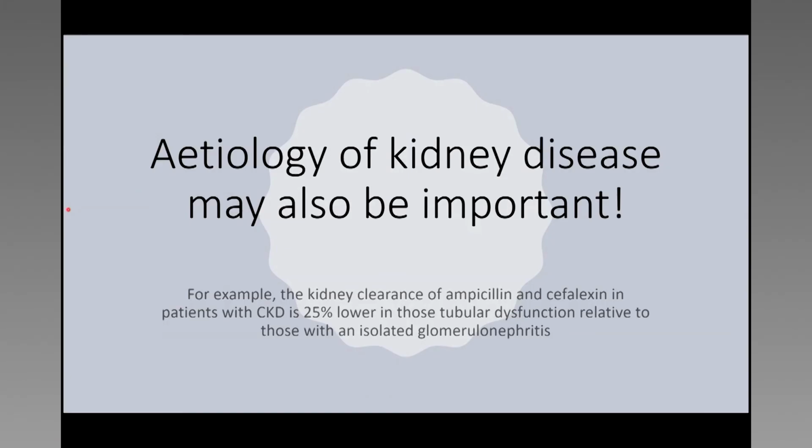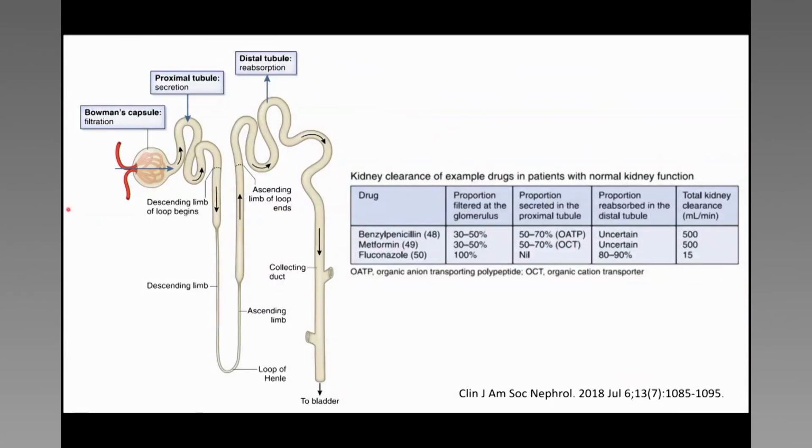And this relates to the active transporters. So as we know, this is the nephron, where we get active drug secretion in the proximal tubule and active drug reabsorption in the distal tubule. If we compare these three drugs, for benzylpenicillin, 50 to 70% of clearance is based on OAT, the organic anion transporting polypeptide, which is found in the proximal tubule.